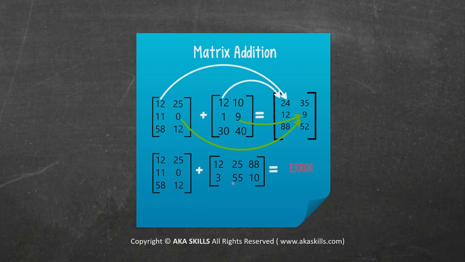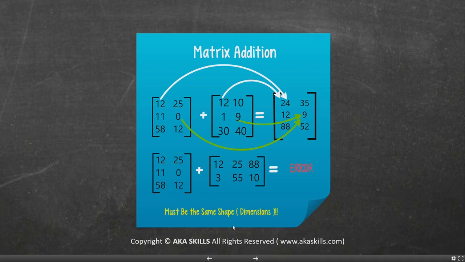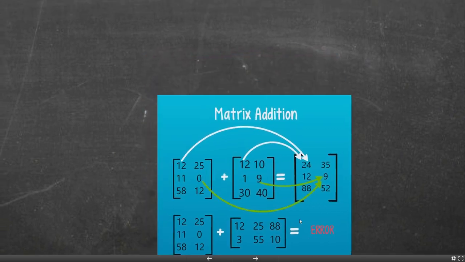Simply, no, we cannot. It's an error. To do matrix addition, both matrices that we are adding have to be with the same dimensions. Okay, next. So yeah, this is a note I wrote here. They must be the same shape or dimensions. You can call it whatever you want.